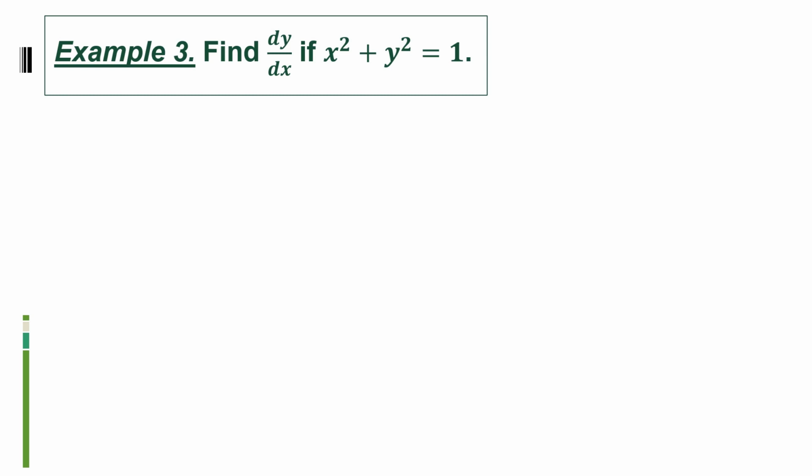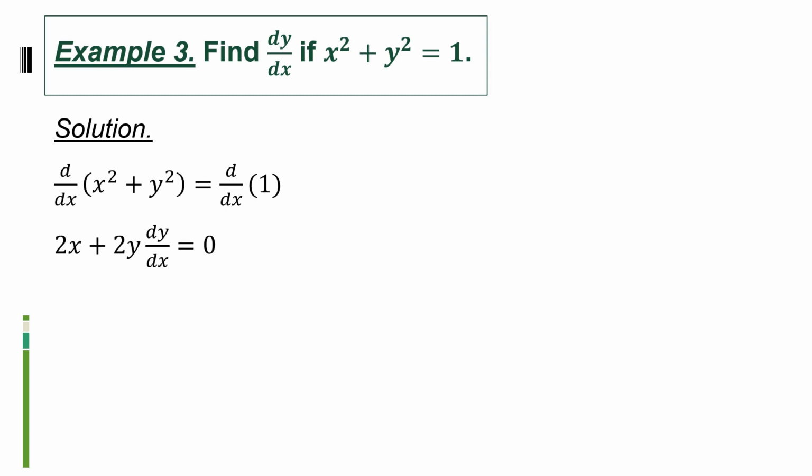Find dy over dx if x squared plus y squared equals 1. This one is easy. Differentiate x squared plus y squared and then differentiate 1. So, we have 2x plus 2y times dy over dx, because here is our y and we differentiate it.